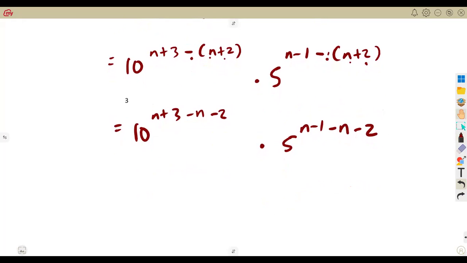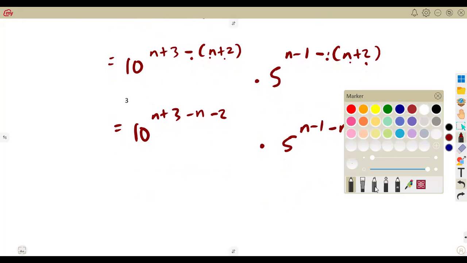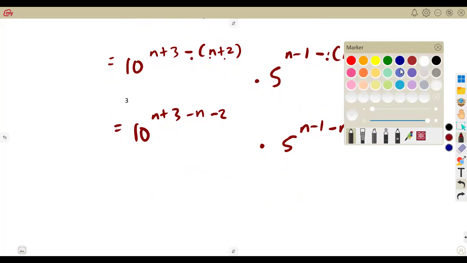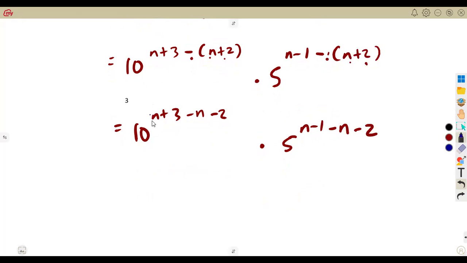So we can see that the n and the n will cancel. n minus n is 0, and 3 minus 2 is 1. So that's 10 to the exponent of 1 times 5, where n minus n cancels and you remain with minus 1 minus 2, which is minus 3.